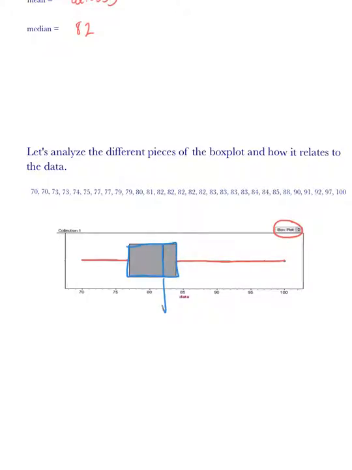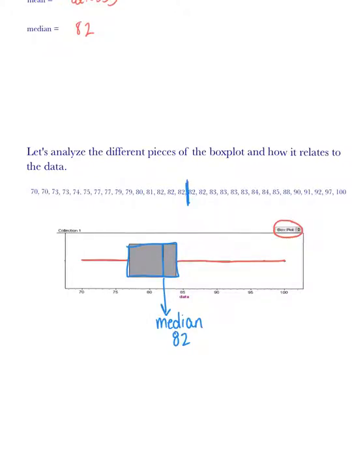So this middle line right here, let's talk about it first. This is going to be the median. And we saw that the median was 82, and notice that it's exactly at 82. That was the exact middle.